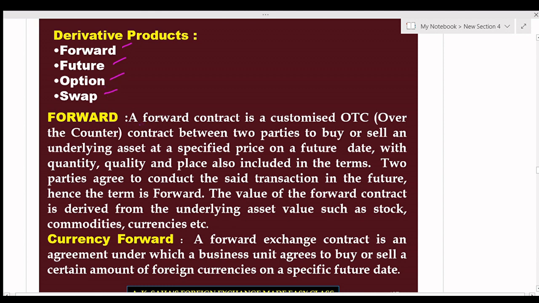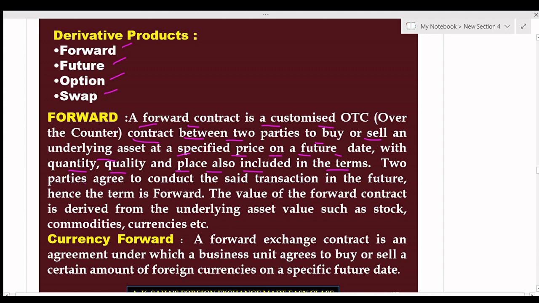Forward. A forward contract is a customized OTC (over-the-counter) contract between two parties to buy or sell an underlying asset at a specified price on a future date, with quantity, quality and place also included in the terms.